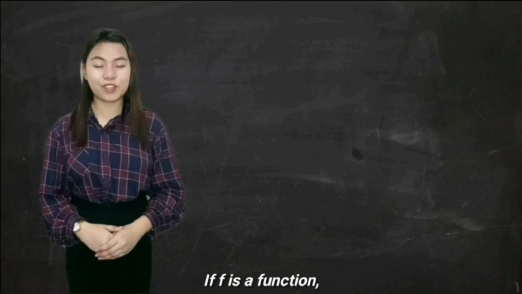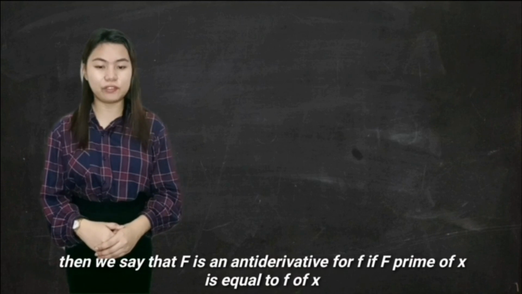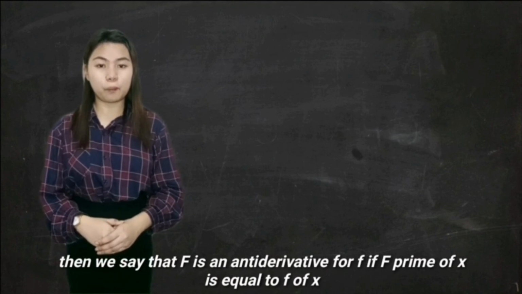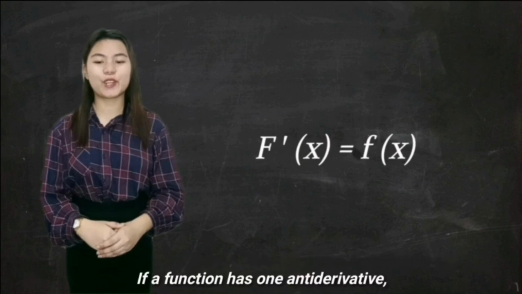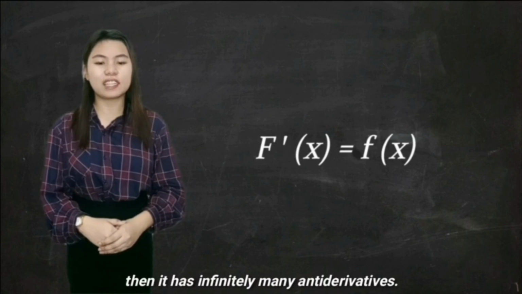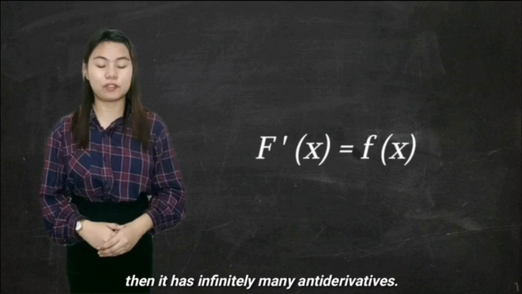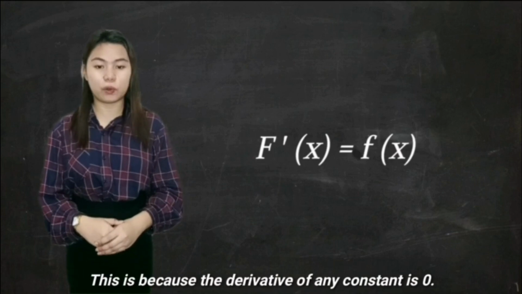If f is a function, then we can say that F is an antiderivative of f if F prime of x is equal to f of x. If a function has one antiderivative, then it has infinitely many antiderivatives. This is because the derivative of any constant is 0.